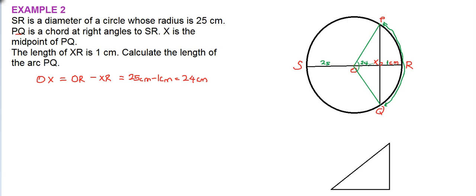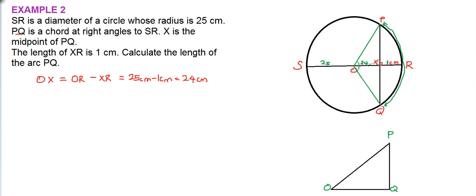Alright, so to help us really work that out, it's very important that we pull out the right angle. As you can see here, this is a right angle triangle. So we pull that out in this diagram at the bottom here. So I have P at the top there, I have O here, and then I have Q here.